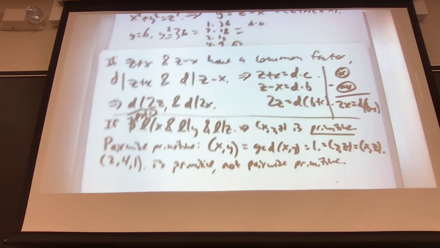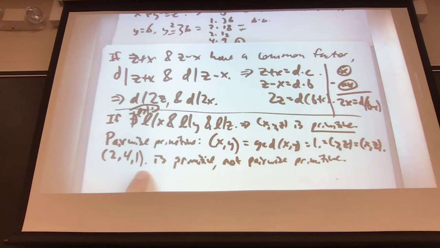How about another example, just where none of the numbers are 1? Does this only happen if one of the numbers is 1? Let me give you another example. 2 times 3 is 6, 2 times 5 is 10, and 3 times 5 is 15. Is this primitive?